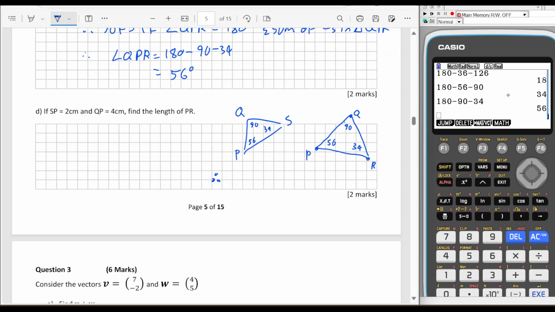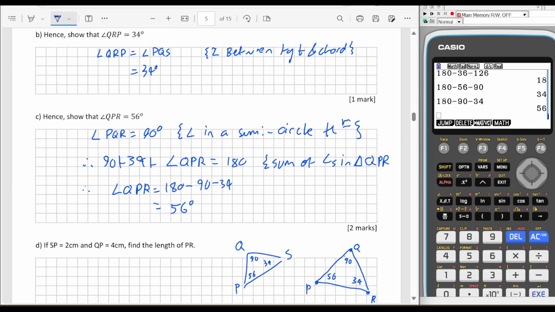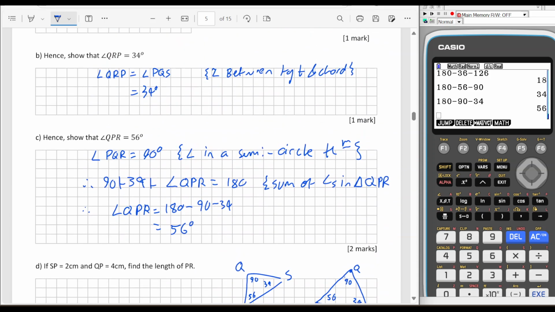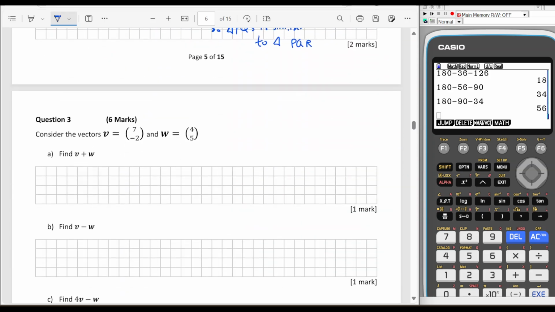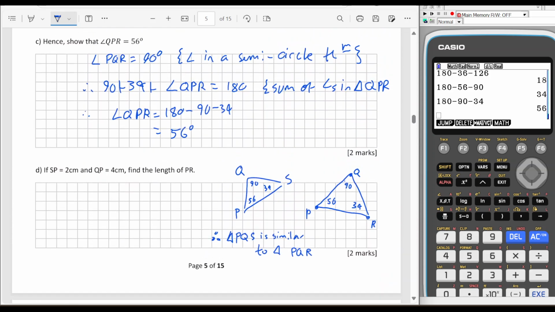So you could say like triangle PQS is similar to triangle PQR. All right, now let's just make sure we've got all those in the right spot. So basically we've got some links here. So SP was supposed to be 2 centimeters.